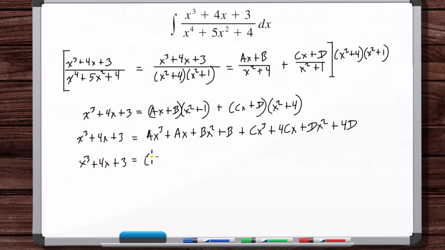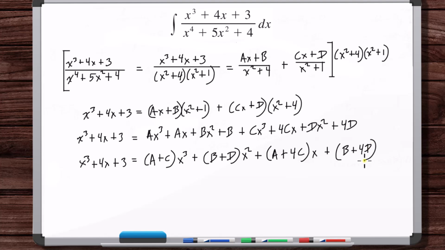So we've got a plus c x cubed plus b plus d x squared plus a plus 4c x plus b plus 4d.